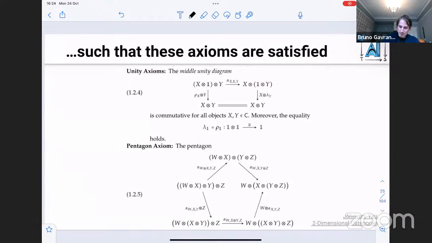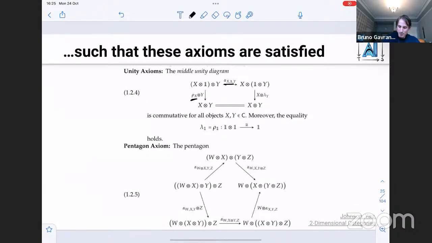So here we were saying that the right uniter, associator, and the left uniter all behave coherently with respect to each other. And likewise, the second diagram tells us that the associator can be applied in a particular way and interacts well with the monoidal structure. Now, this all might look quite scary, and it's something to think about.